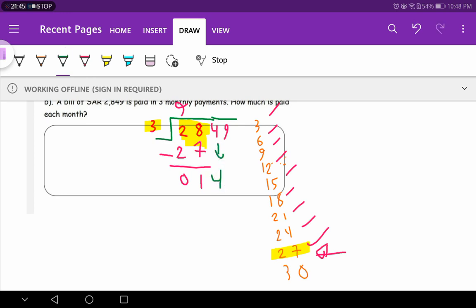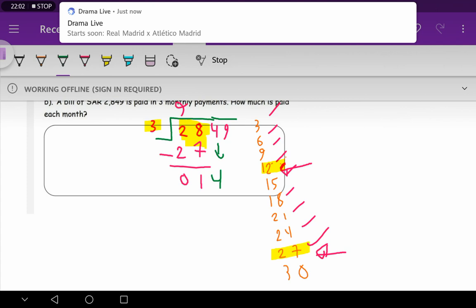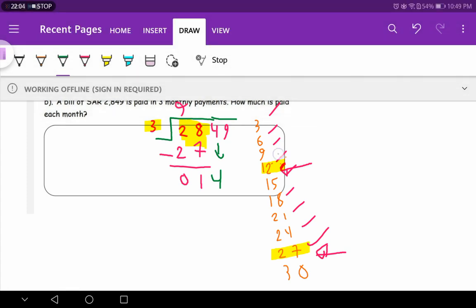So now we are 14. Go and look for the 14. Actually you can find it between 12 and 15. But you take the lesser. 15 is greater than 14, it does not work. But the 12 works. So 12, 1, 2, 3, and 4.